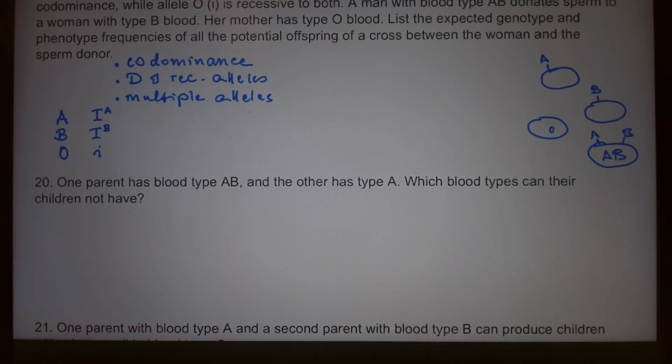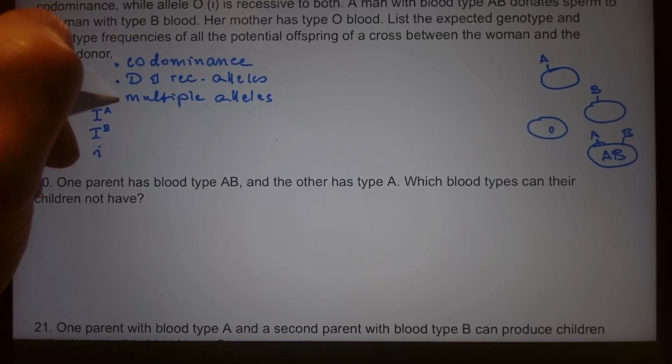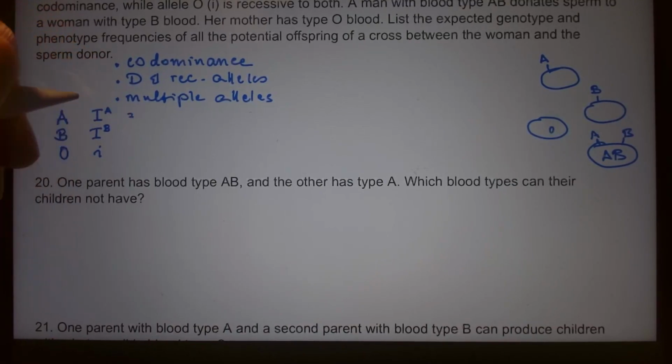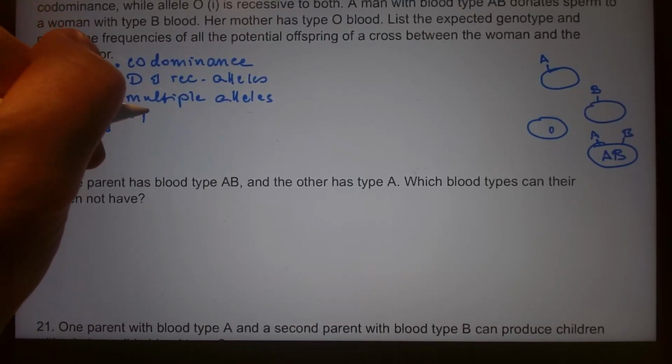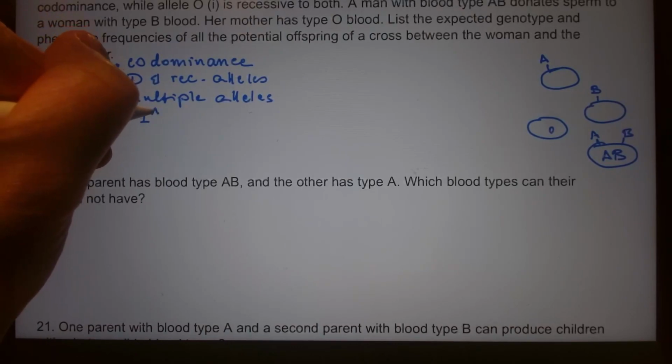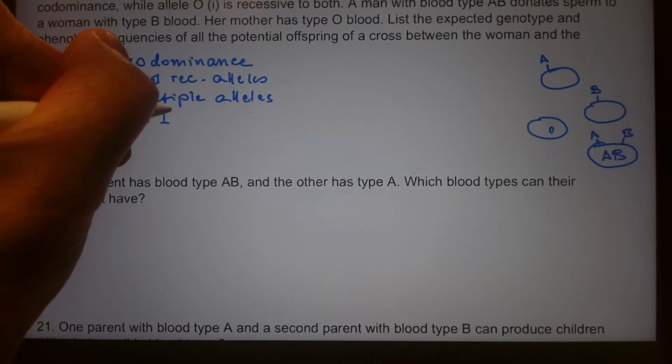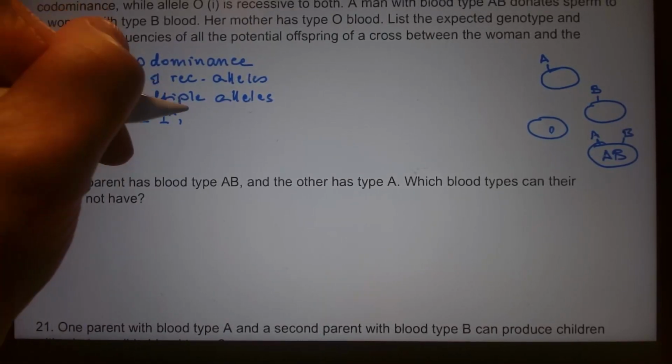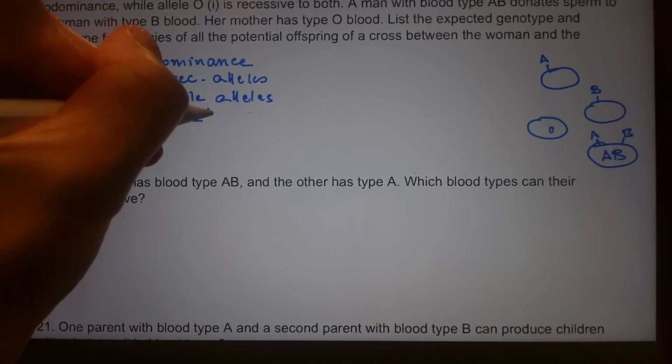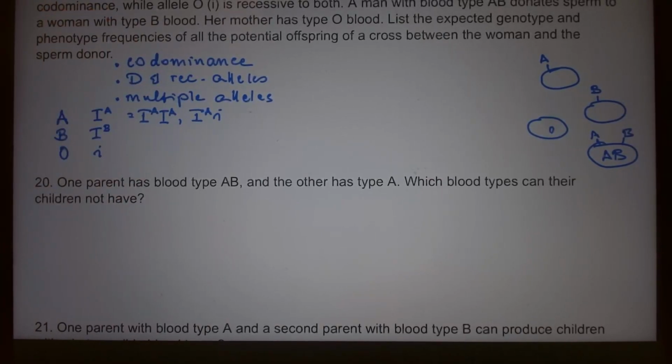Oh, well, before that, how about we just go and check it out. What would be the genotype for blood type A? It can be capital I, A, homozygous dominant, or it can be heterozygous and it still contains A blood.